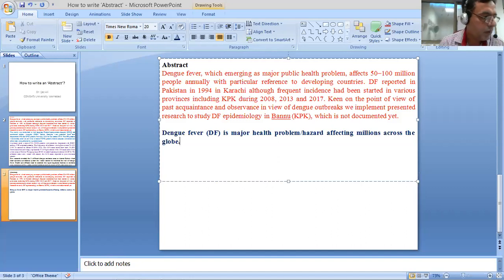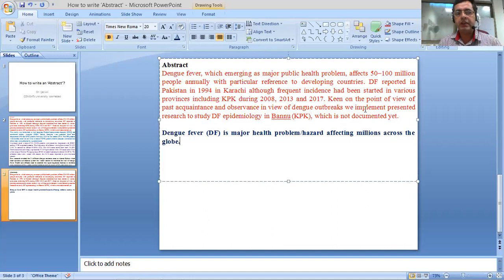Then if you look at this abstract, the student has written, DF reported in Pakistan in 1994 in Karachi, although frequent censuses had been started in various provinces, including KPK, in these years. So he's giving the background of infections in Pakistan, and all these things would have been repeated in the thesis, maybe a number of times.